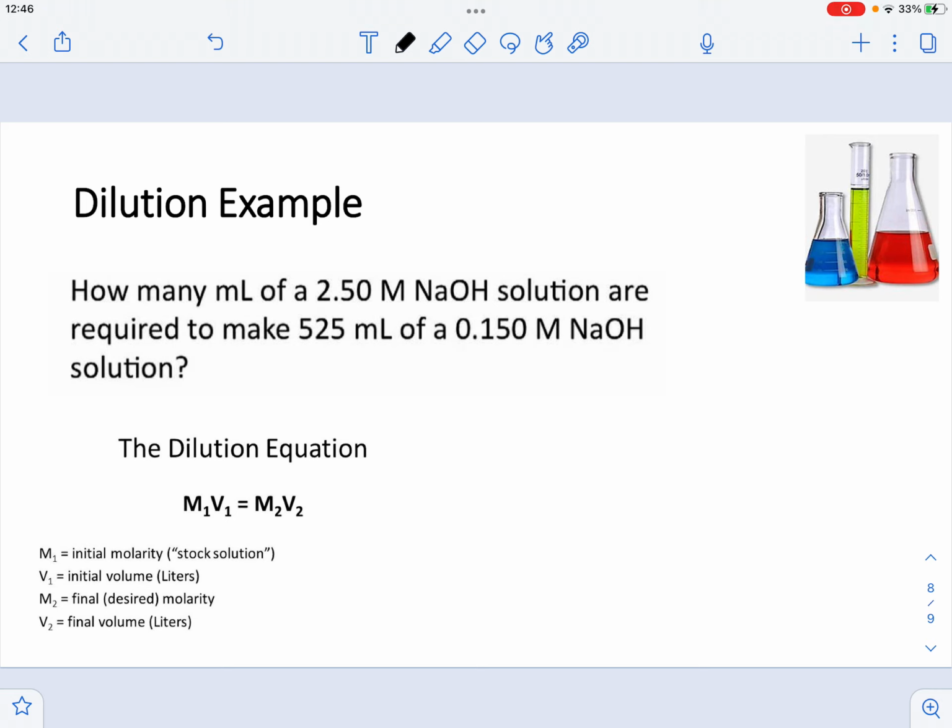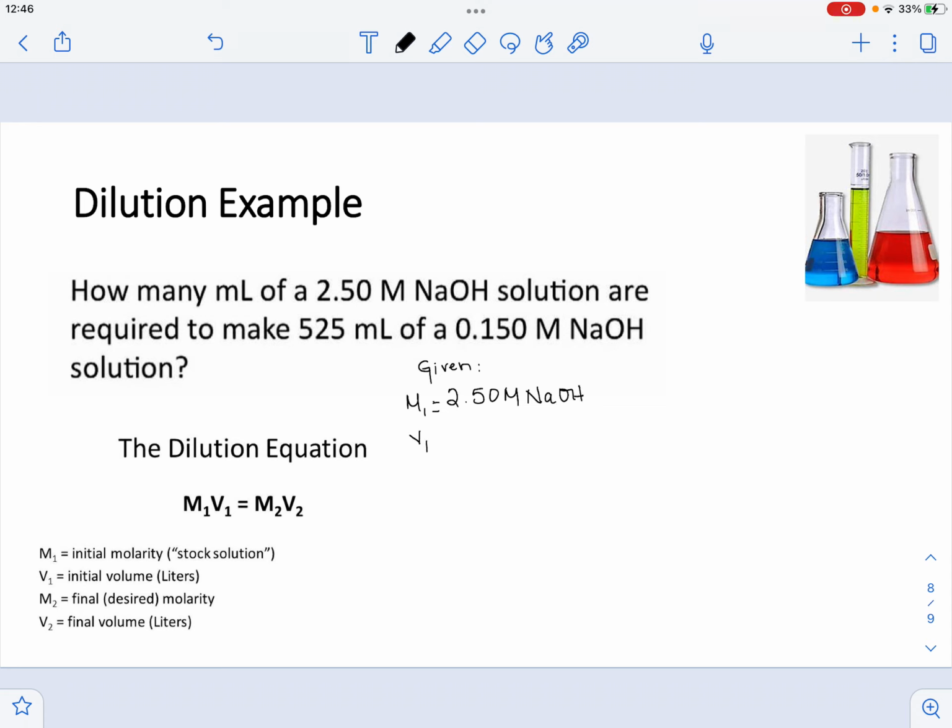So, what is given in this problem is M1, which is the stock solution, the concentrated one, which is 2.50 molar, and we're talking about NaOH.